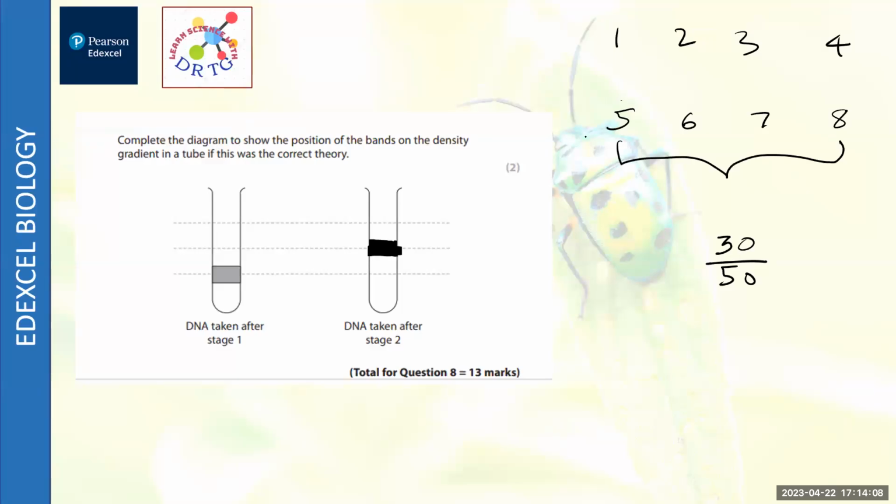Yes. Question number 5, 6, 7, 8. Now, out of 50, all the students can maintain 30, close to 30. That would be great, because now you have 30 left for the 1, 2, 3, 4 questions.